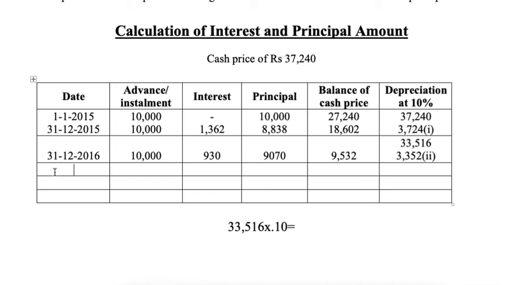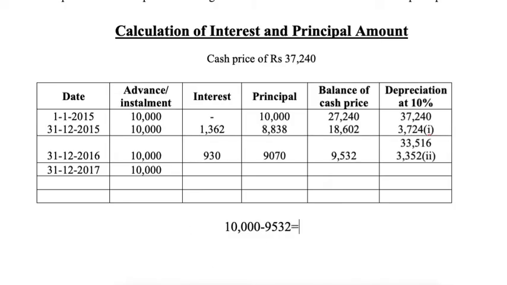Now we are going to pay the third installment on 31st December 2017, right? How much are we going to pay? We are going to pay 10,000, right? Here the interest amount will be the difference between the installment paid and the balance of the payment. The balance of the payment is 9,532, and we have here 10,000. So the interest amount will be 10,000 minus 9,532.